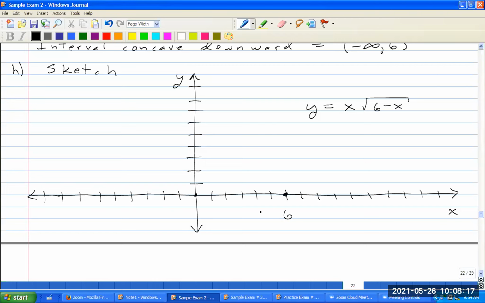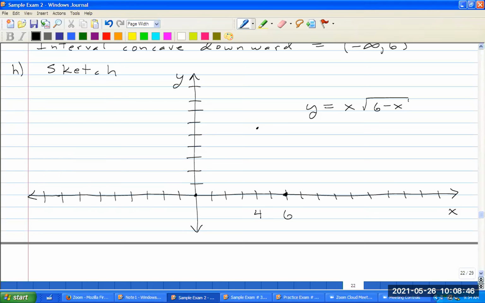So this maximum's at 4. And it's 4 rad 2, which is what? 3, 4, 5 out here. Okay, so it's somewhere around there.